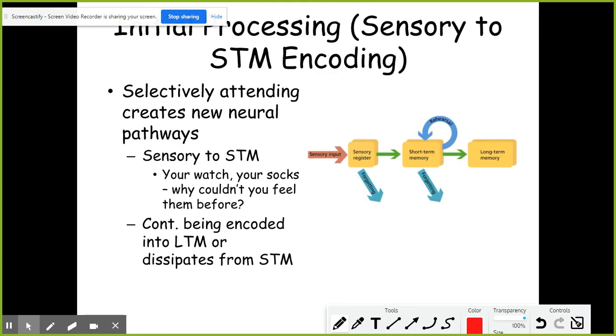So if it's not encoded, then it's forgotten. But if it is, then it is transferred over. It relates to how we learn by listening to lecturing or reading. It plays a little bit into that, although the idea of learning styles is not necessarily a real thing.